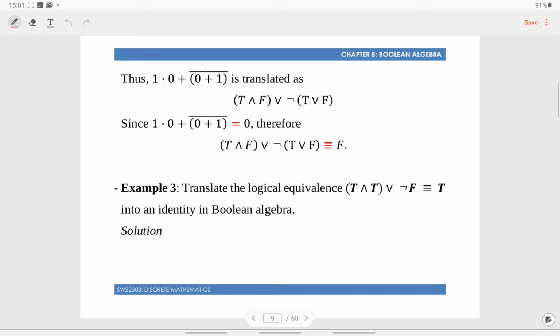Thus, 1 times 0 plus 1 complement is translated into capital T, and then we have a conjunction with F, because 1 is equal to T and 0 is equal to capital F. So this one is conjunction, this one is disjunction.